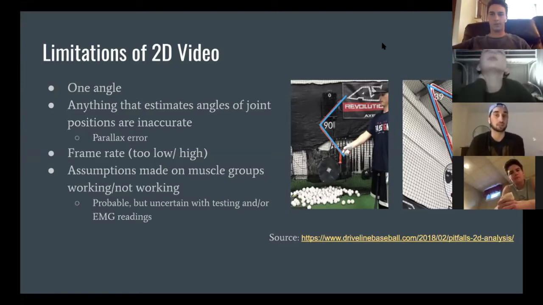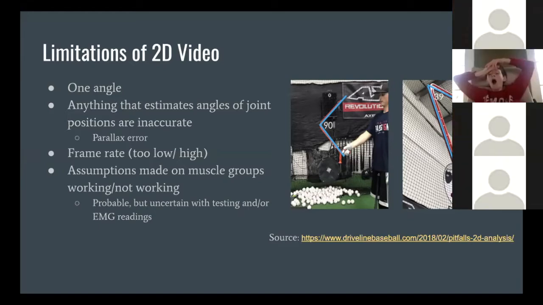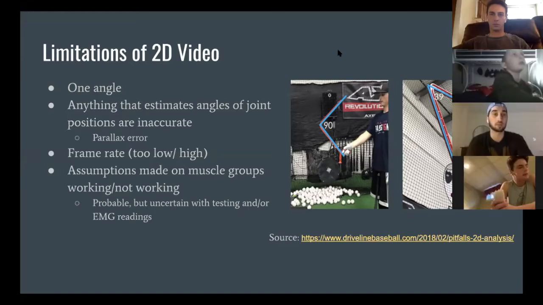And if the camera is only shooting at maybe 30 frames per second, like a normal iPhone, you're not going to be able to see all those movements with the arm and maybe some lower body things, like your hips rotating. So you just have to make sure to take everything with a grain of salt when it comes to either still shots or what frame rate you're using in video.